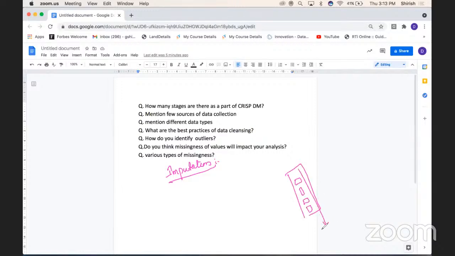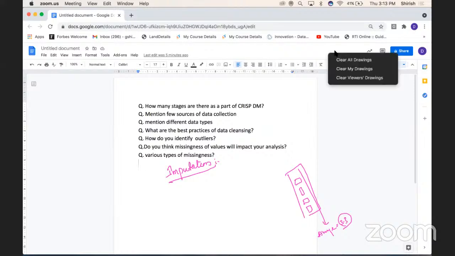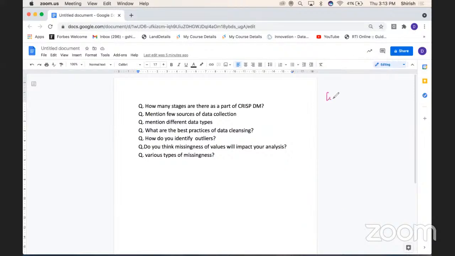You calculate the average of this particular column, for example 3.3, and fill those missing values with the mean or median. So say I have column 1, column 2, column 3 and column 4. I have data here, and here I have no information.